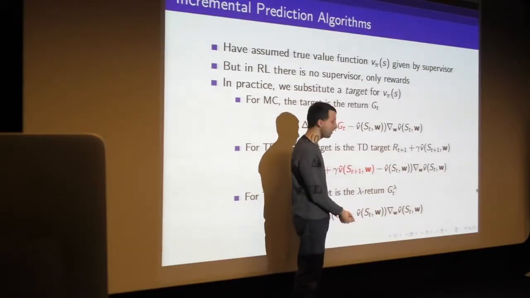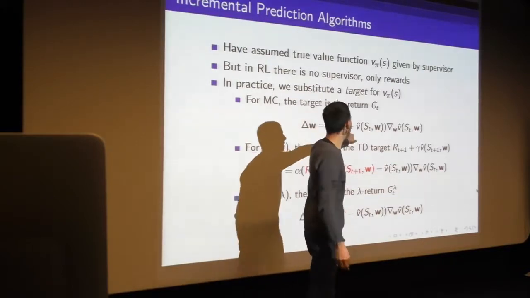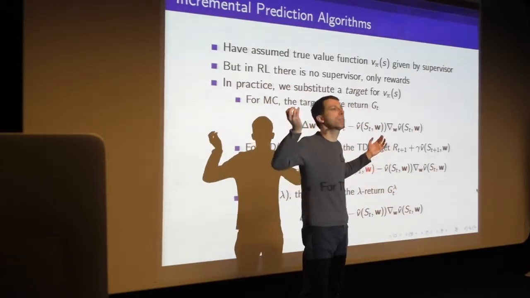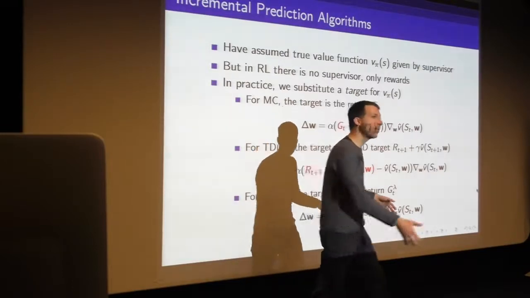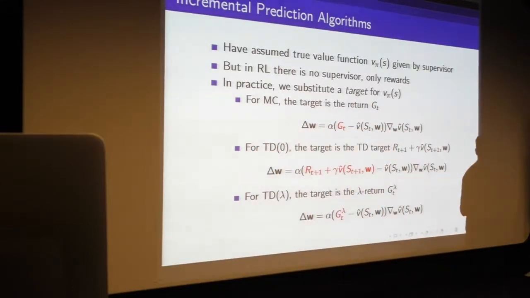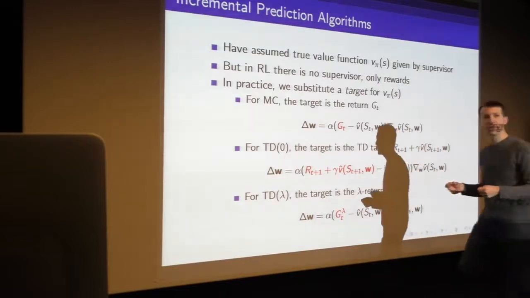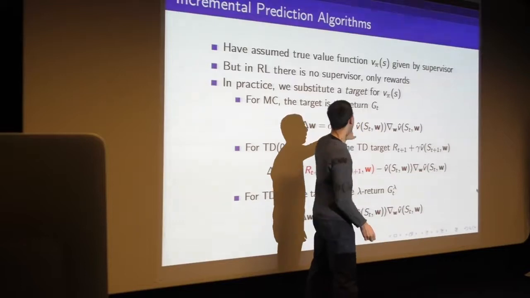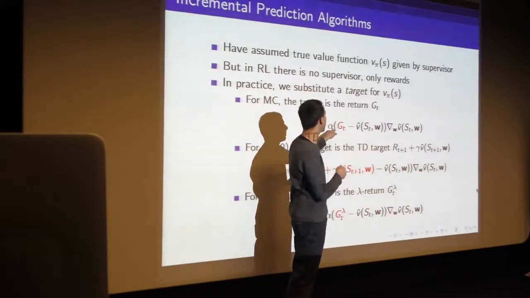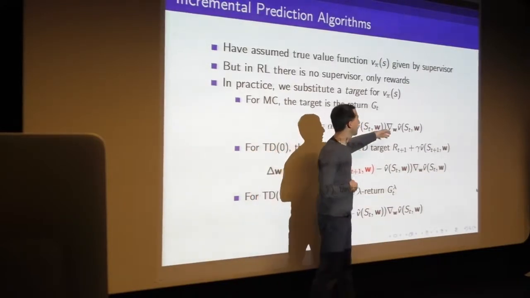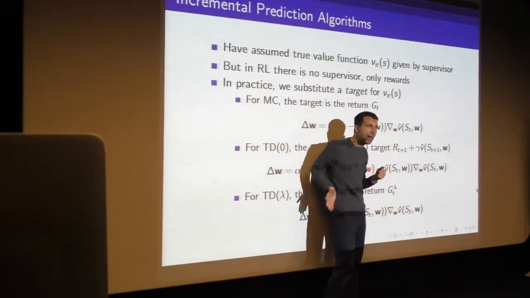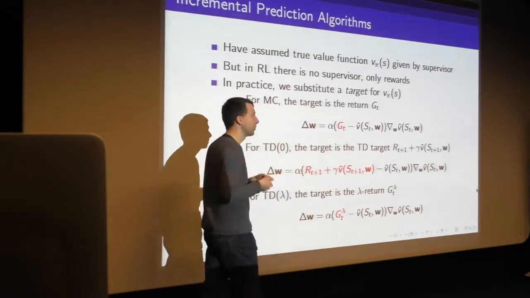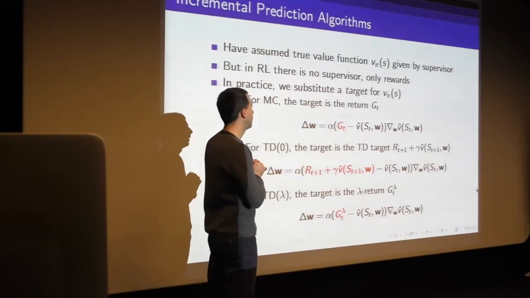So I'm going to start here, I'm going to estimate using my function approximator, and come up with some estimate that says I'm going to get 10 units of reward. Then I'm going to see what happens, run my entire trajectory out, discover that I actually get 12 units of reward, generate an error of 2 units of reward, and update my weights a little bit in the direction of that error multiplied by the gradient of my function approximator, which tells me how to move in the direction that changes my values.